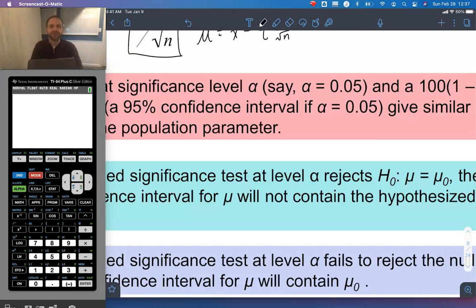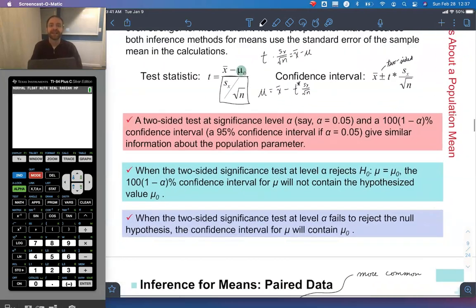And so that's really what that first sentence is saying, it's saying they give similar information about the population parameter. If you do not capture it in the interval, you reject the null. If you reject the null, you include the alternative. Well, in this case, for confidence levels, you can give me a direction now, because you can see that interval and where it is in relationship to the population parameter.